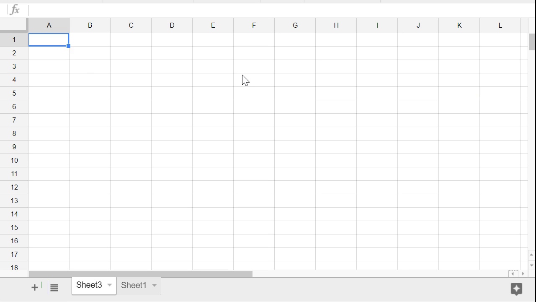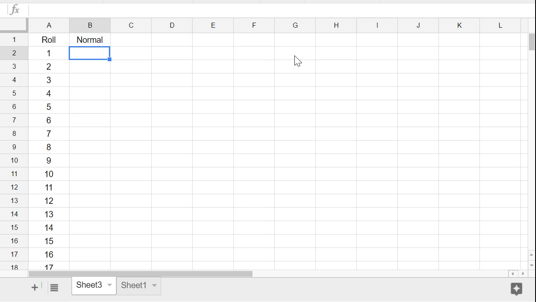So I've got a spreadsheet here, and we're going to fill it out, 1 to 20. I think we can all agree that the standard probability for rolling a 1, or really any of these, is going to be 1 out of 20.